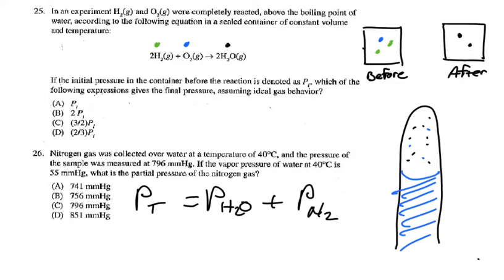So, since we know that the total pressure was 796 millimeters of mercury, and we know the vapor pressure at this temperature was 55, then it should be pretty easy to figure out the nitrogen one. You just subtract them, and it looks like it's going to be, is that 741? Well, anyway, I'll let you subtract them and figure out what it is on this one.